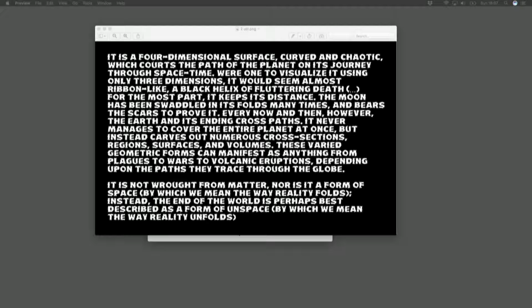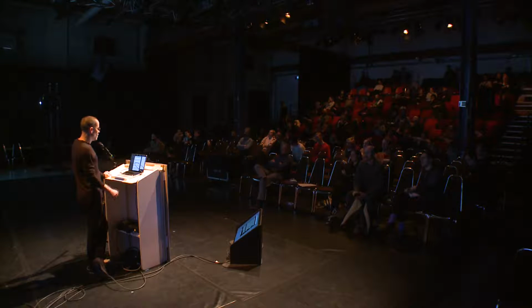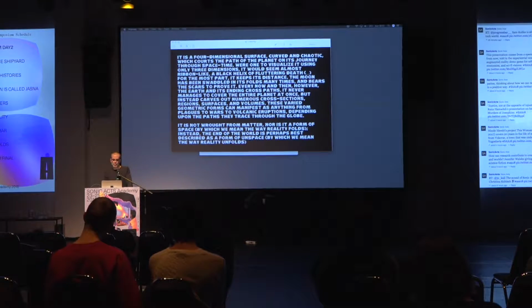So basically, I'm not going to read the whole thing, but it's this end of the world. It's this kind of entity, this thing that's curved and 4-dimensional, so we don't really see it and understand it and perceive it because we're restricted to 3 dimensions, not counting time. And then, rather than just sucking the planet into some sort of catastrophe, what he describes is that this entity collides with the planet from time to time, and that's when catastrophes happen.